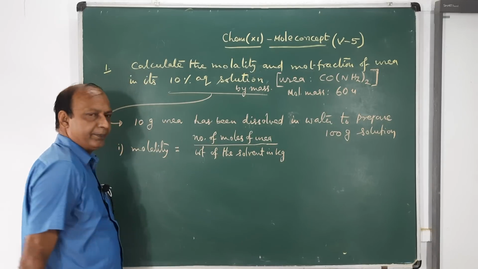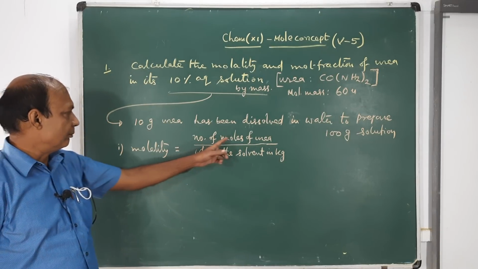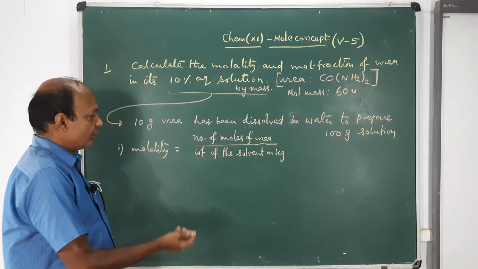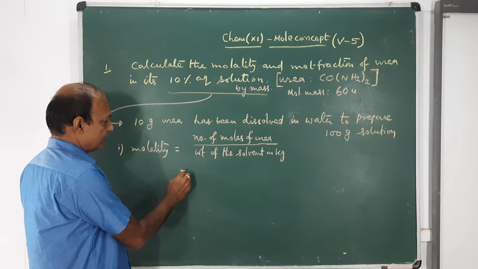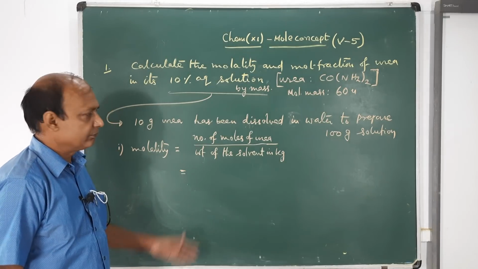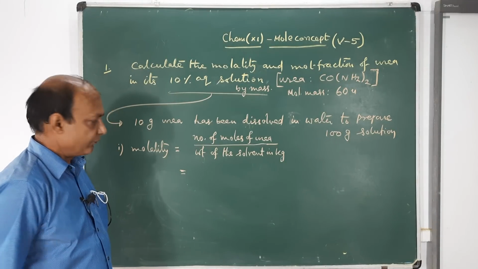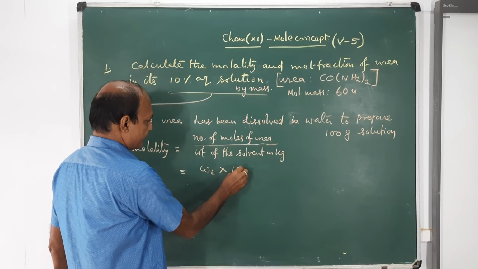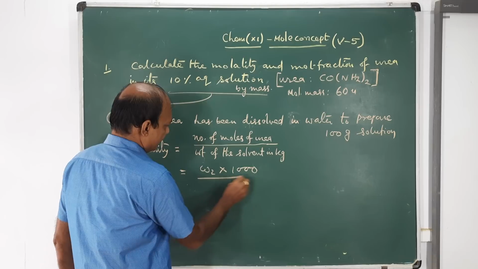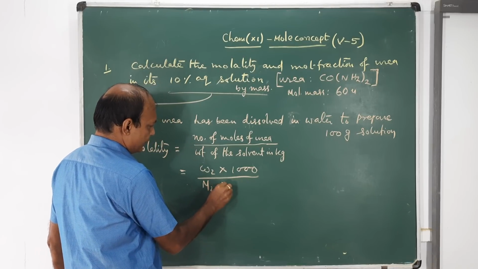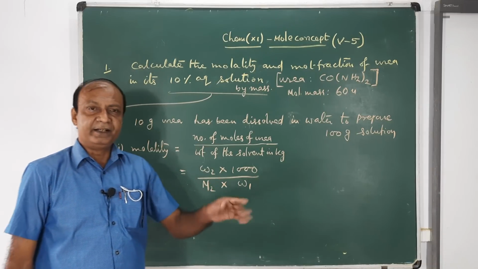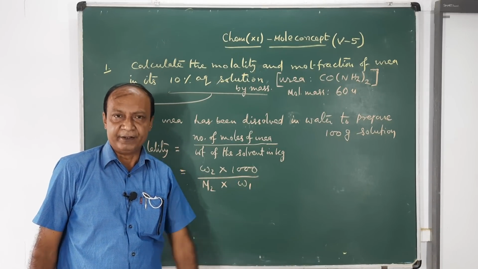This is the definition of molality, number of moles of solute per kg solvent. You can also go through the formula of molality. The formula is W2 into 1000 by M2 into W1. This formula was already discussed in your last video.